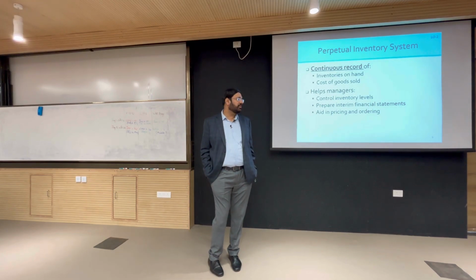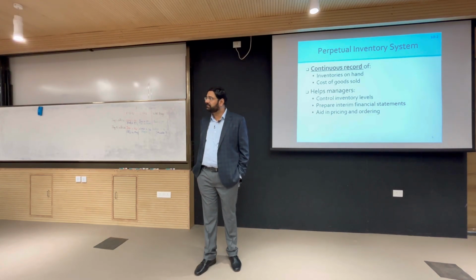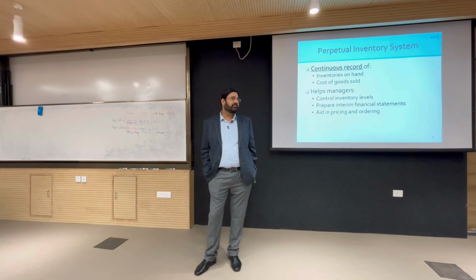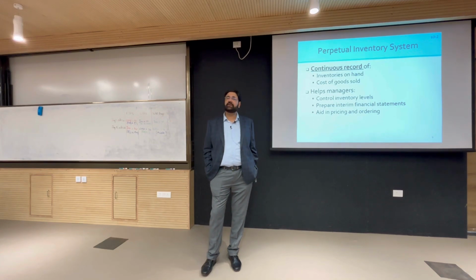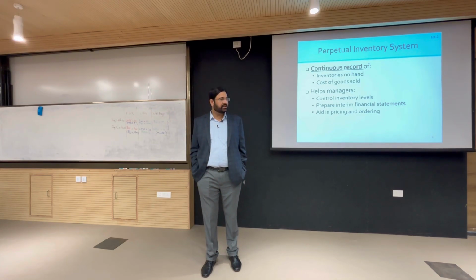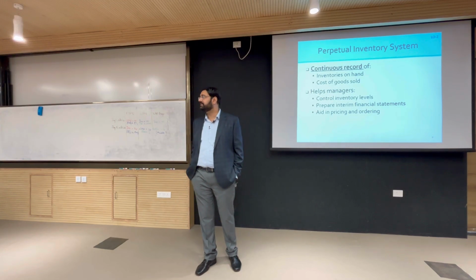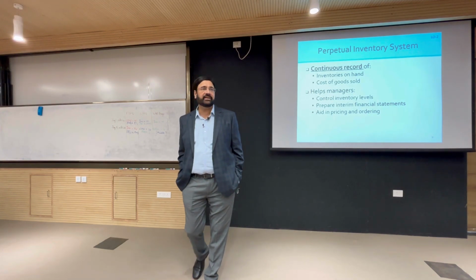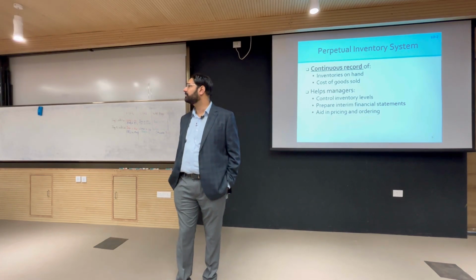The name itself suggests what the system is. When we say periodic system, it means inventory is being ascertained periodically, the closing balance. The cost of goods sold is being ascertained periodically at the end of the accounting period, which can be 1 month, 3 months, 6 months, 9 months, 12 months, whatever.